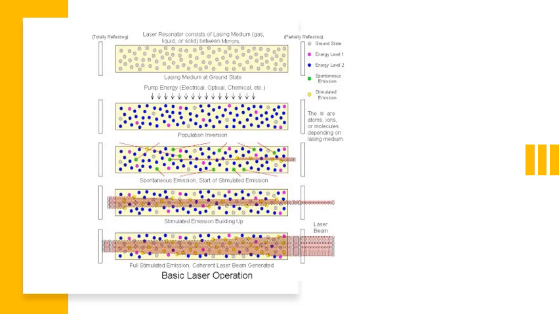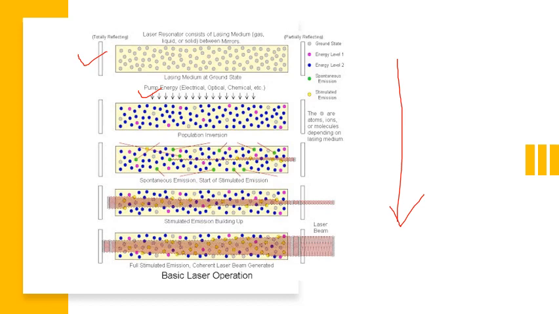In this figure, if you move from the top figure to the bottom figure, you will observe that everything is given one by one. The first figure shows the lasing material. Then we pump the system, as shown in the second. We pump energy, electrical, optical, or chemical, whatever the process is.